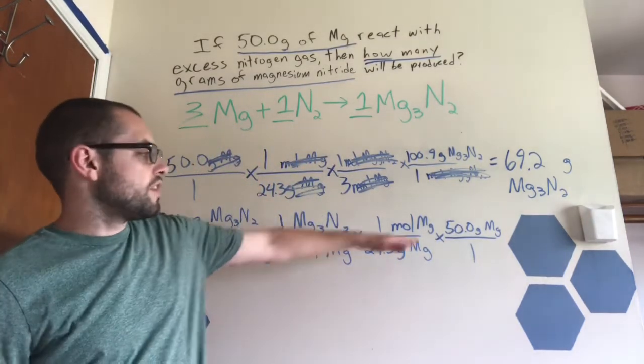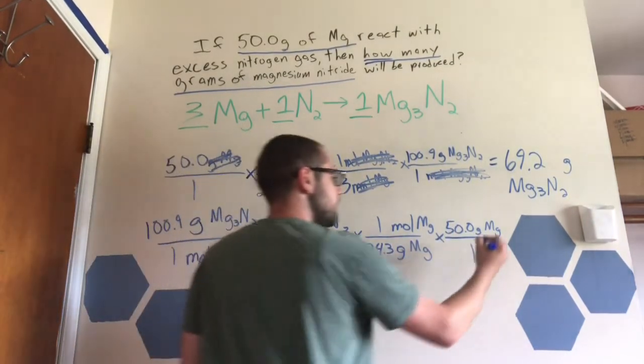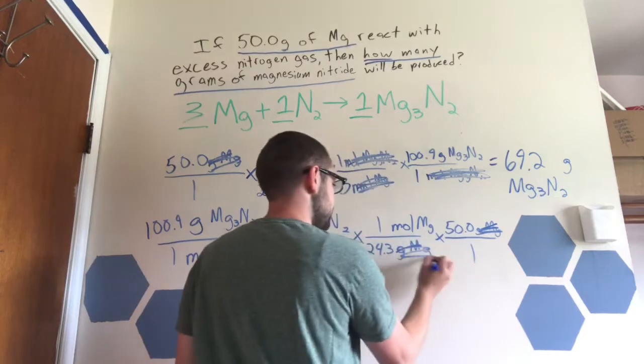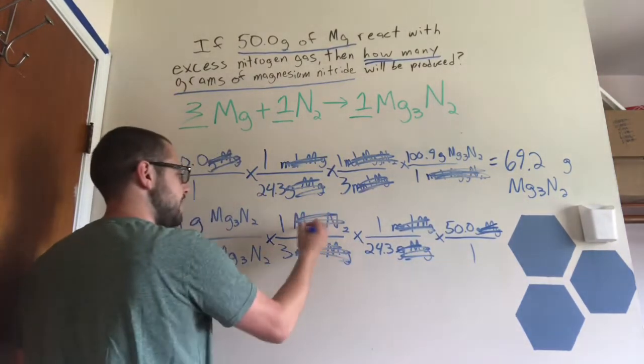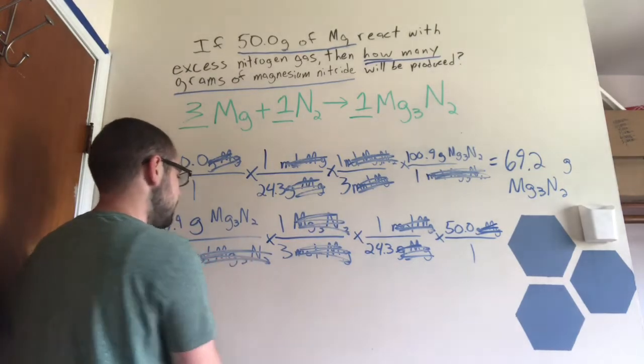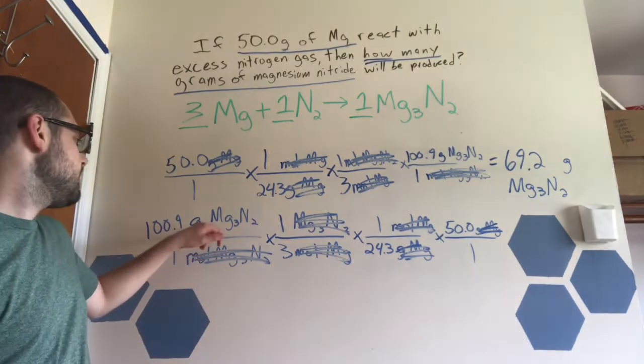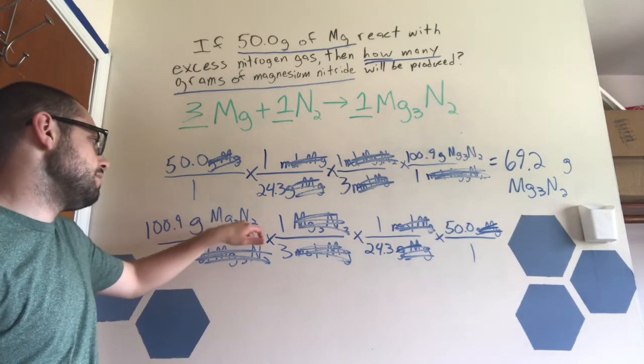You can see that all my units still cancel out. Grams of magnesium, grams. Moles of magnesium, moles. Moles of magnesium nitride, moles. The only unit that I have left is grams of magnesium nitride.